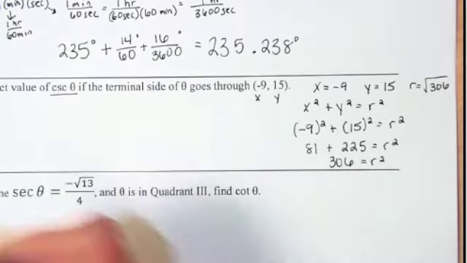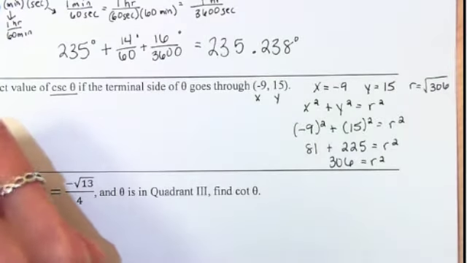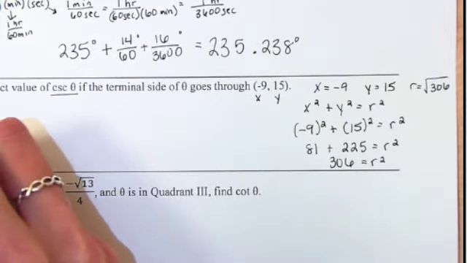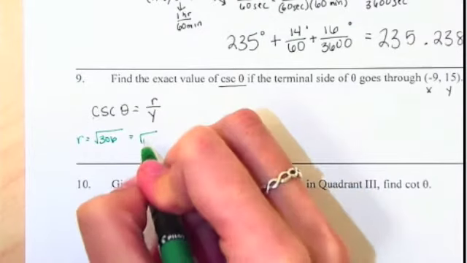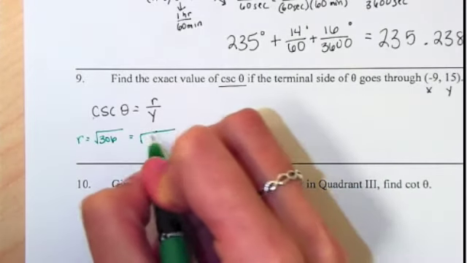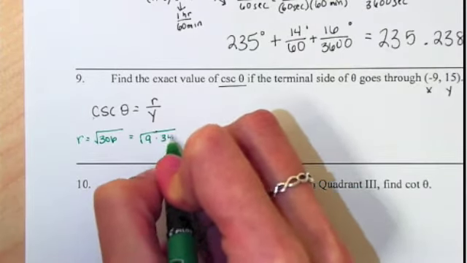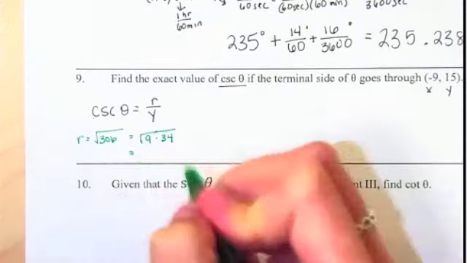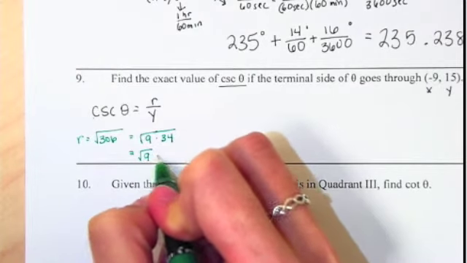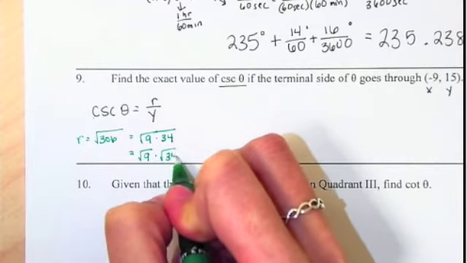Let's do this over here. So r equals the square root of 306, which is the square root of 9 times 34. And by properties of square roots, I can break that up to the square root of 9 times the square root of 34.